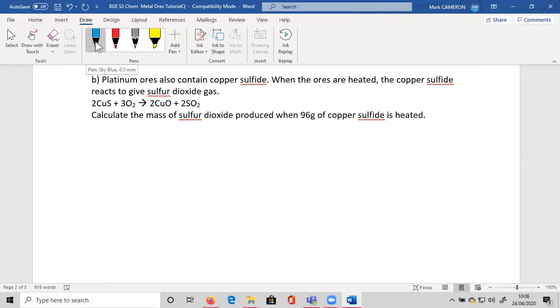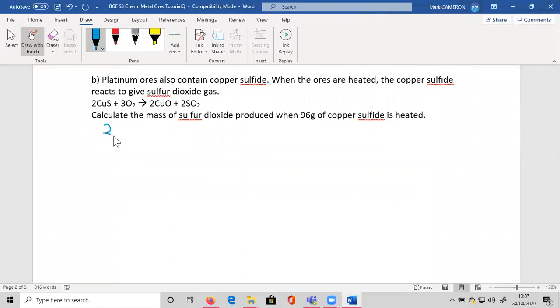Now, this is a typical calculation based on a balanced equation. The key to calculations based on balanced equations is you know something about one side of the reaction and you have to work out something else. In this situation, I always rewrite the equation that I'm dealing with again.